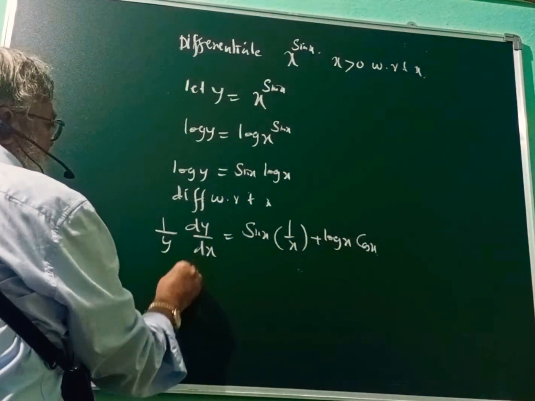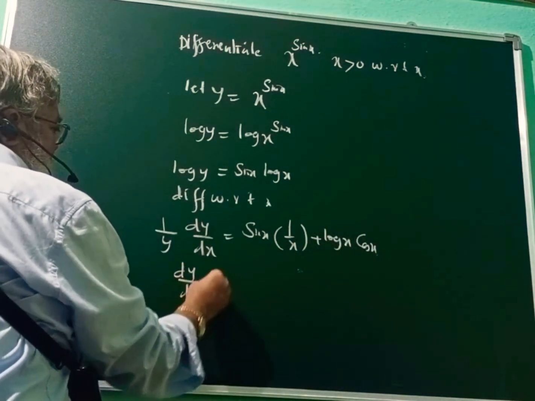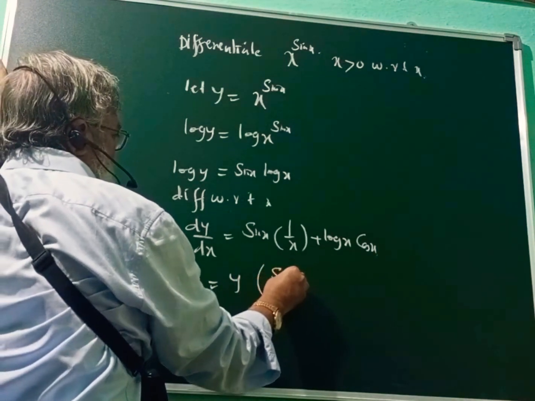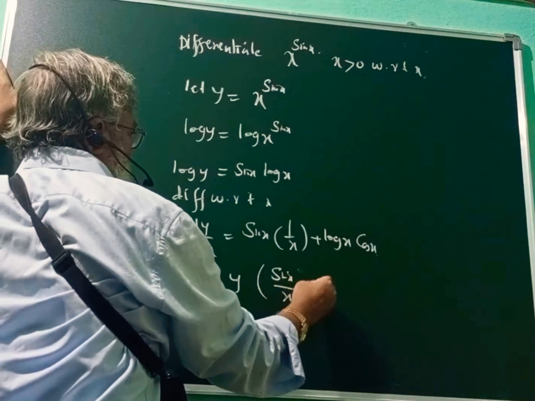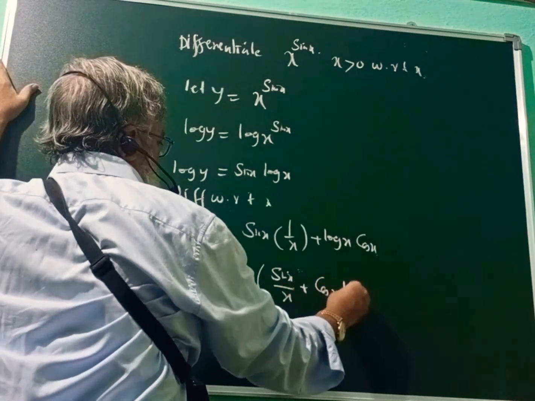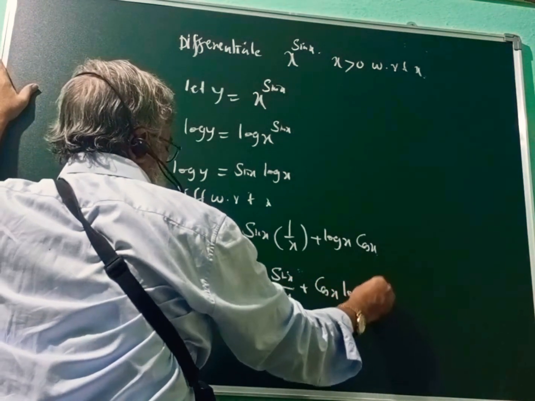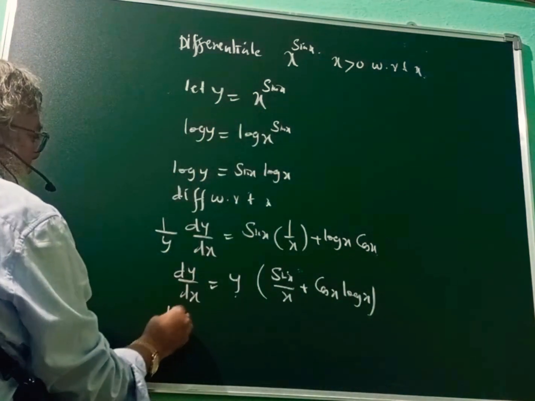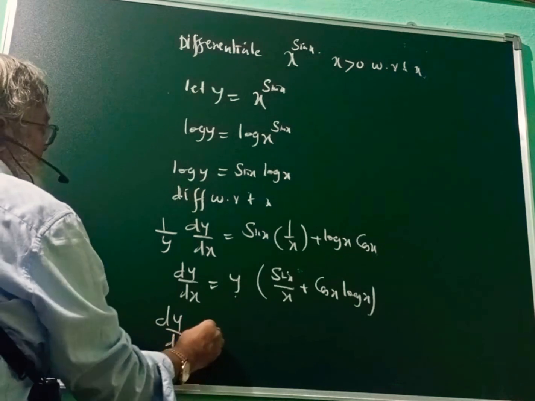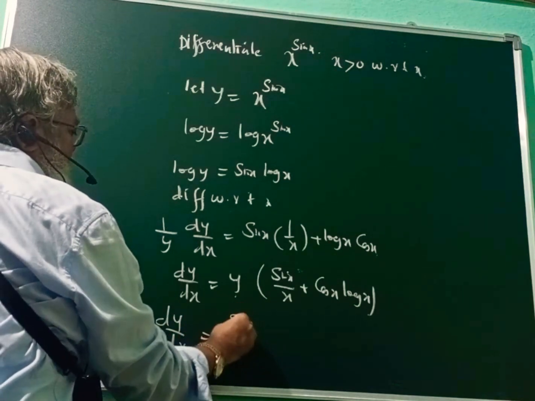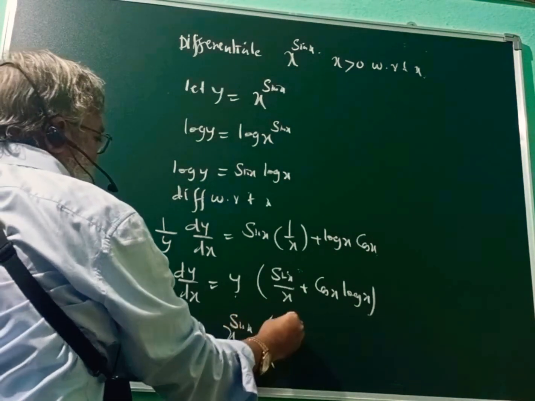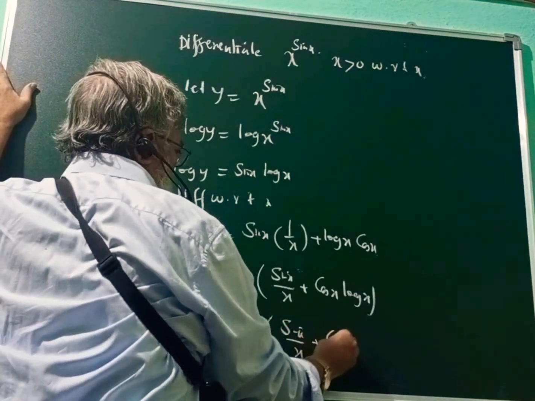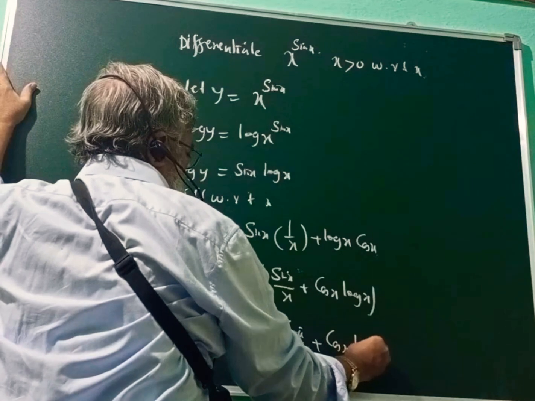Or we can write dy by dx is equal to y into sin x by x plus cos x into log x. And now substitute the value of y here. Therefore, dy by dx is equal to x raised to sin x into sin x by x plus cos x into log x.